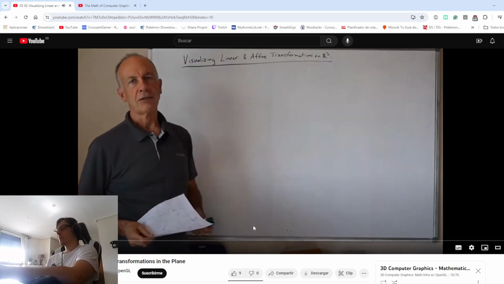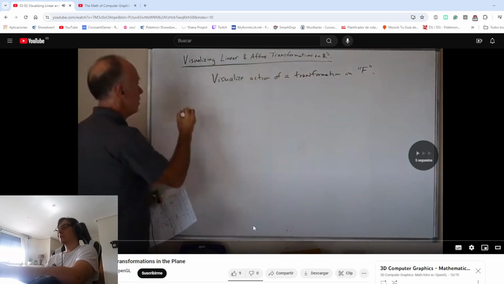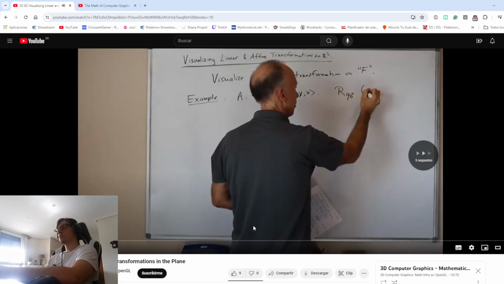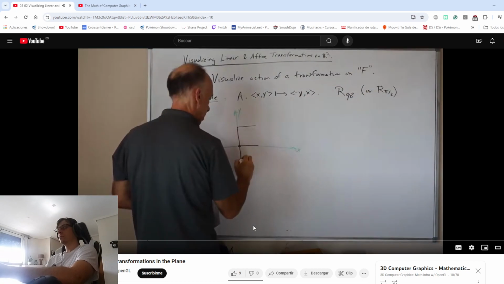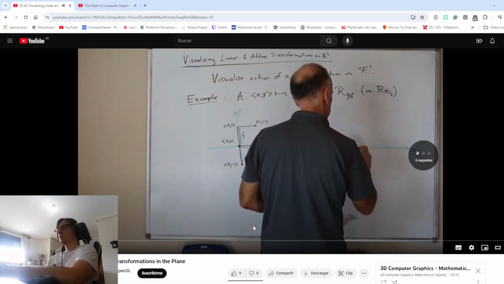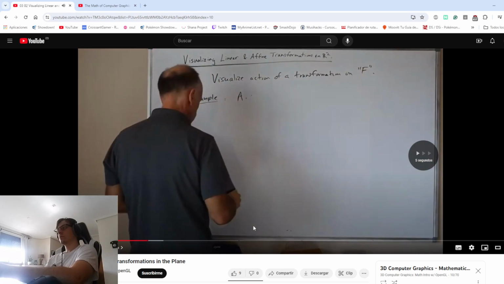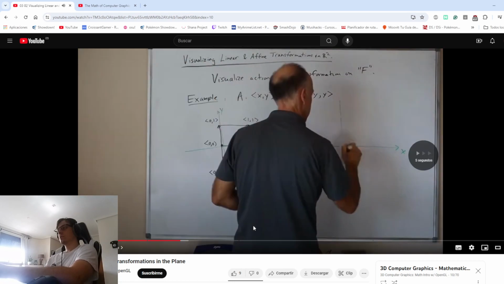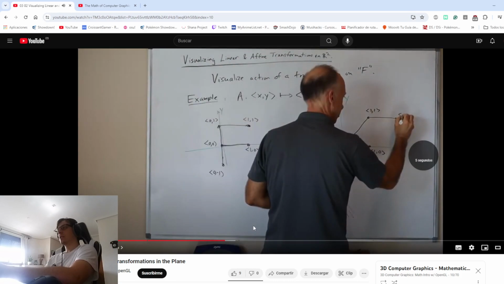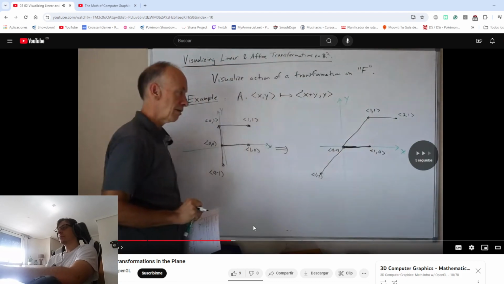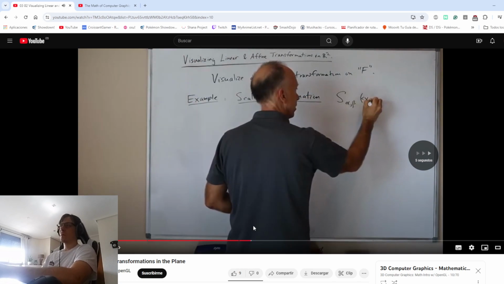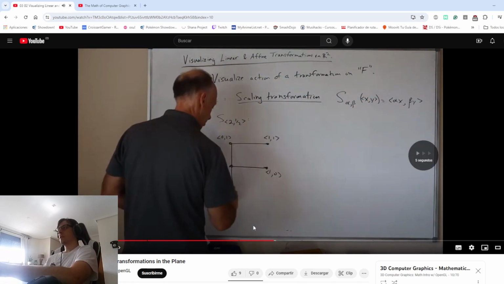How to visualize transformations in R2 is to think of their effect on a shape, like the F shape. Once you know the origin space of a vector, let's try it. So here I'll use alpha, beta of x1.